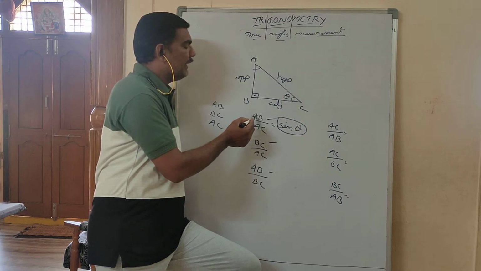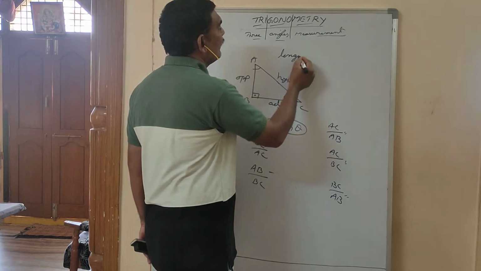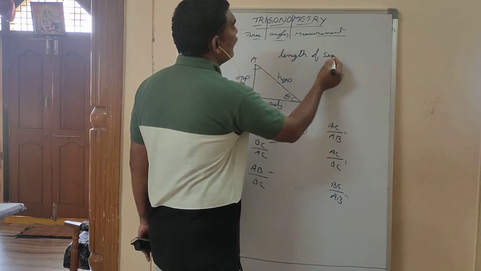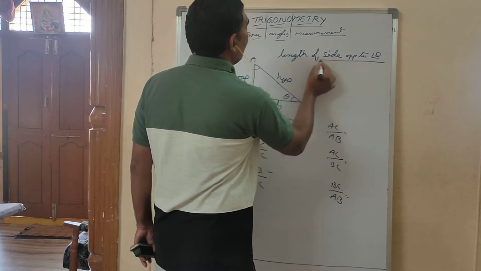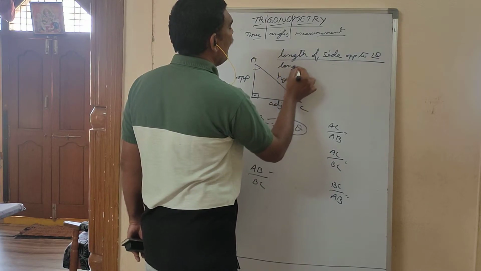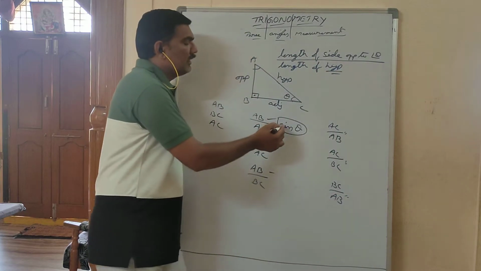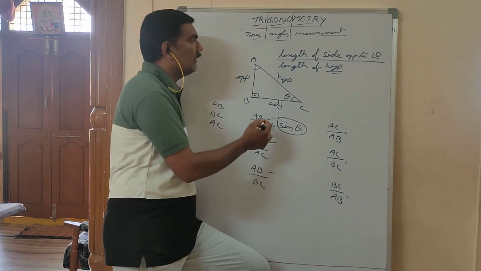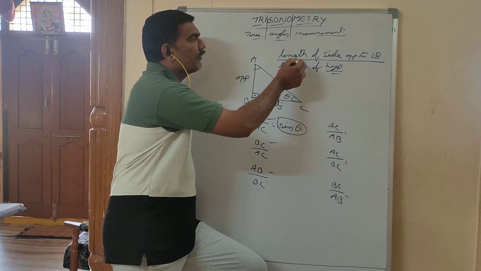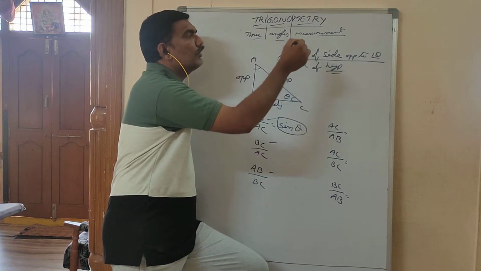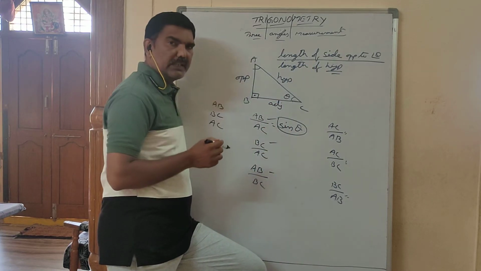So this AB, if you want to write lengthily, length of side opposite to angle theta divided by length of hypotenuse. See here, sine theta definition is nothing but a ratio. Ratio between length of side opposite to angle theta to length of hypotenuse is defined as sine theta.